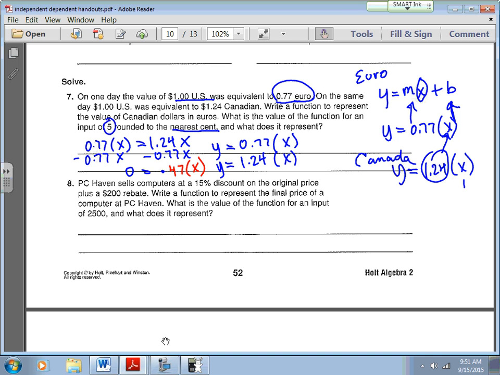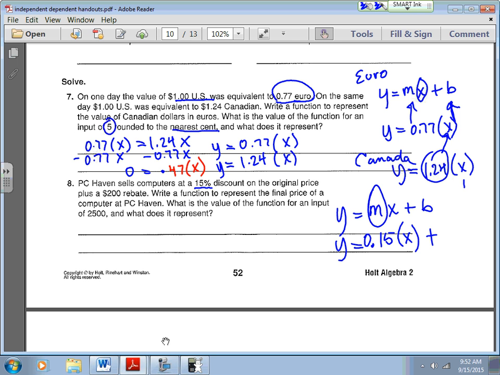So we need to write y equals mx plus b. Is there anything that represents a rate of change? The 15%. Now don't write it as 15%, write 0.15. You could write 0.15 if you want to.